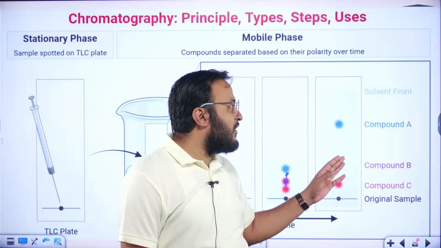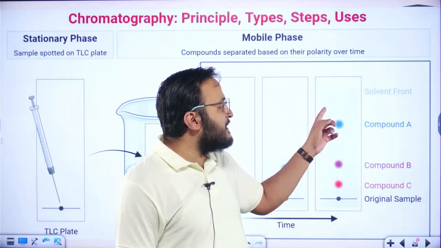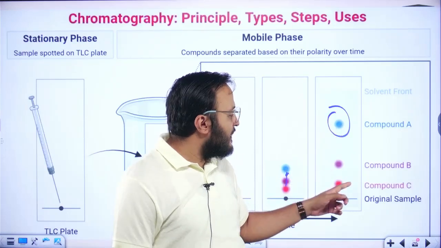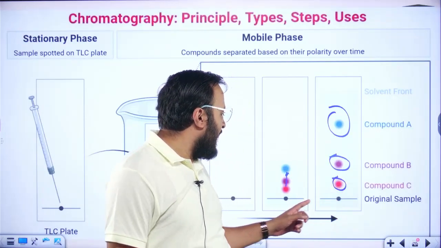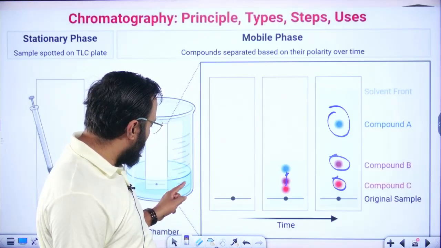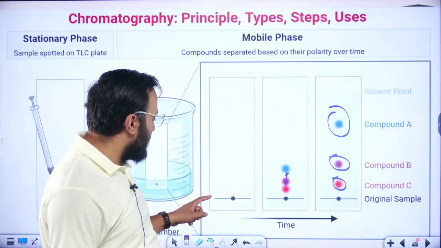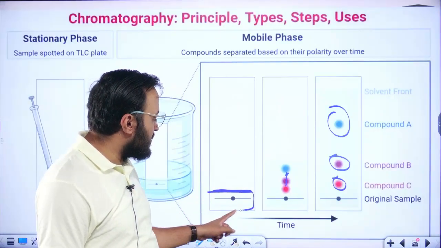And once this is completely separated, you can see this is compound A, this is compound B, this is compound C, and you can also see that the water level was very low, just up to this.